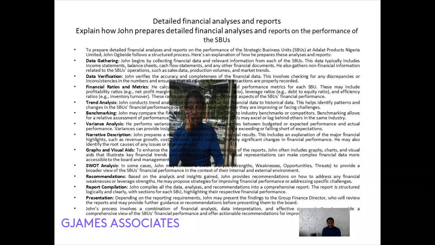Trend analysis, looking at the first year. This is talking about the comparability of the financial statements. What do we have in 2019? What do we have in 2020? Is 2019 and 2020 comparable, or information is missing? John needs to ask.